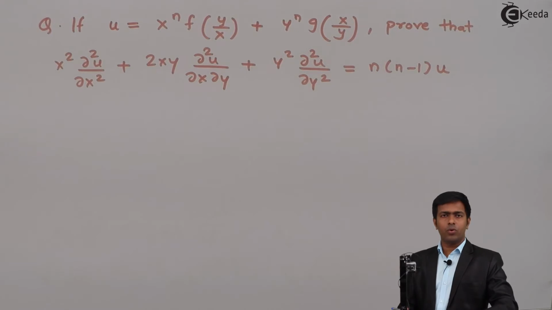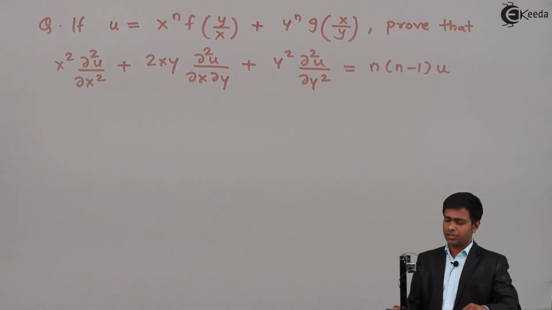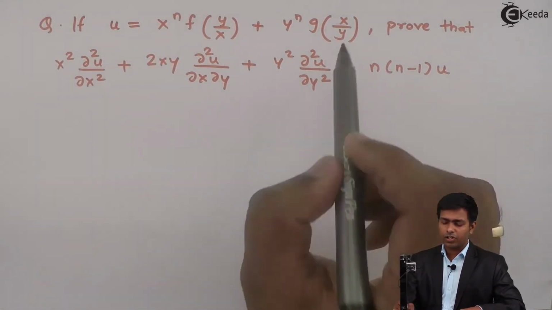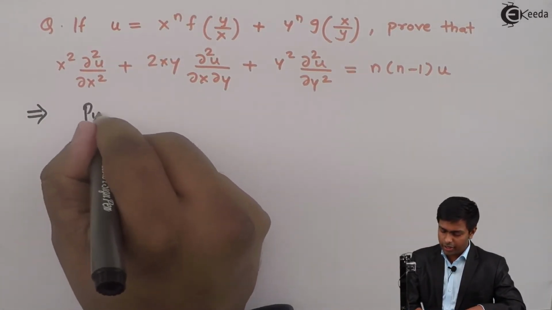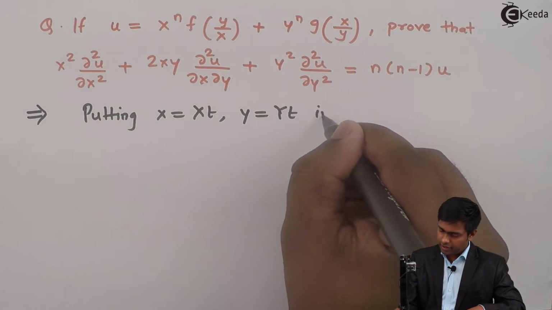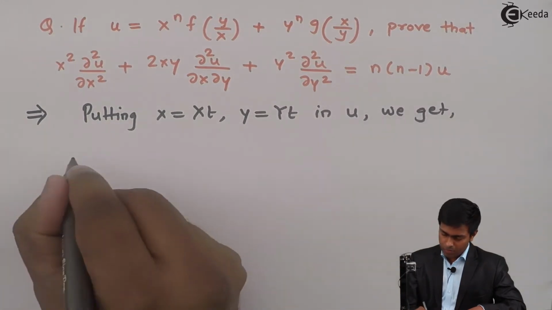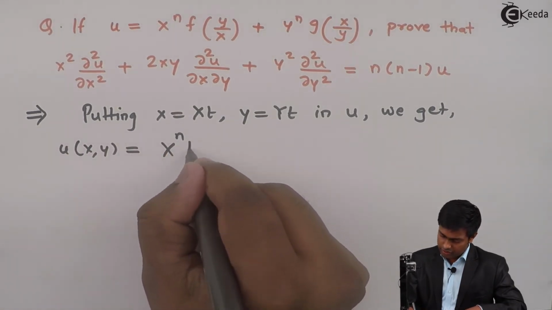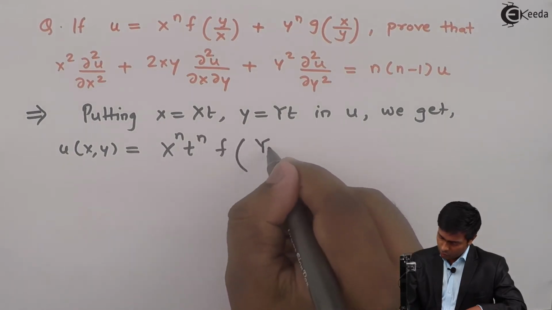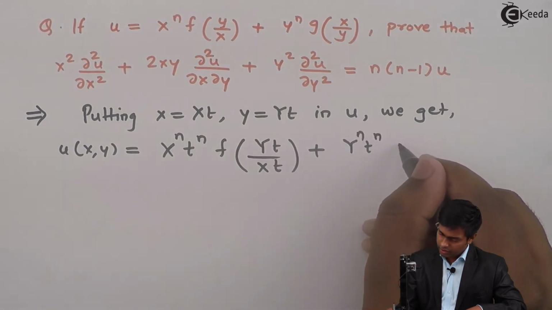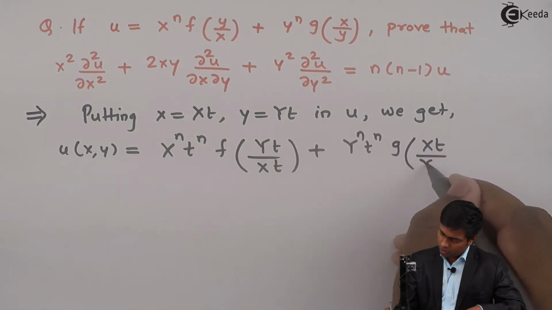So first of all, we'll prove that the function u is a homogeneous function, and for that we will put x equal to xt and y equal to yt in function u. So putting x equal to xt, y equal to yt in u, we get u of x comma y equal to x raised to n t raised to n f of yt upon xt plus y raised to n t raised to n g of xt upon yt.